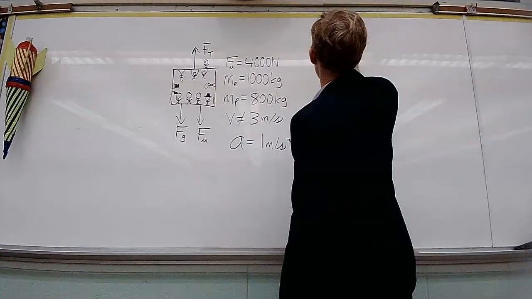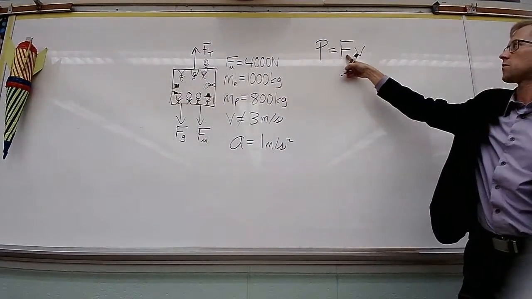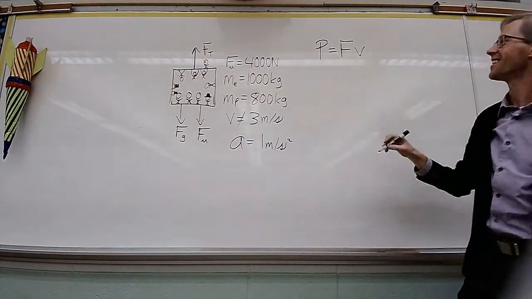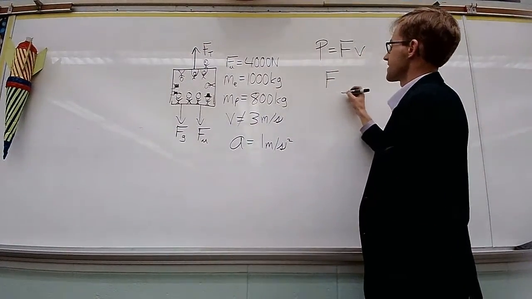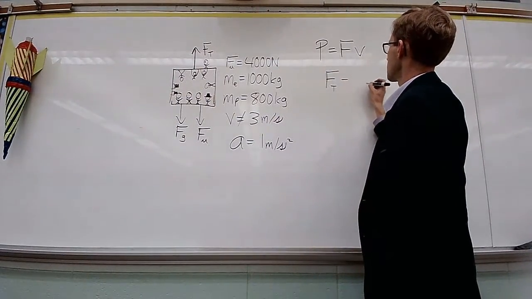And again, power is force times velocity. And once again, we need this force to be tension force. So that's something that we got to calculate. If you never plugged in velocity to that equation, it would still be 21.